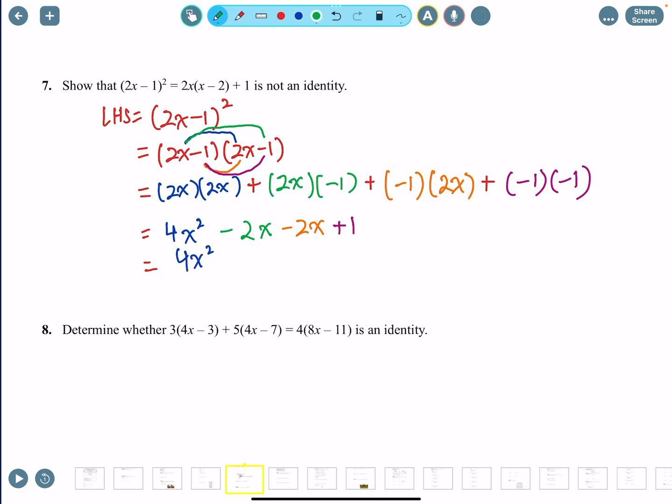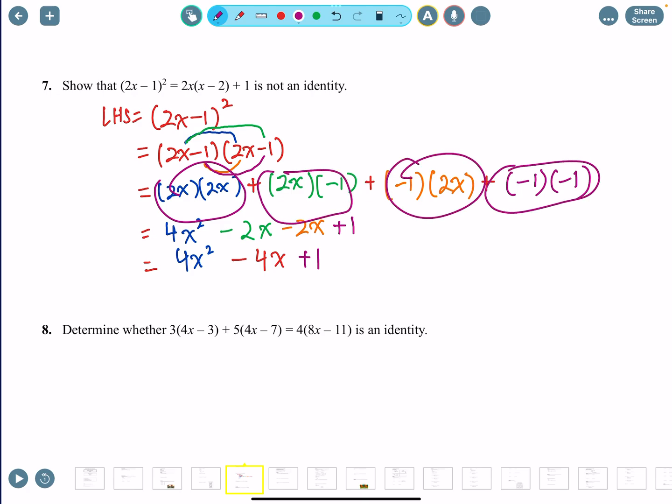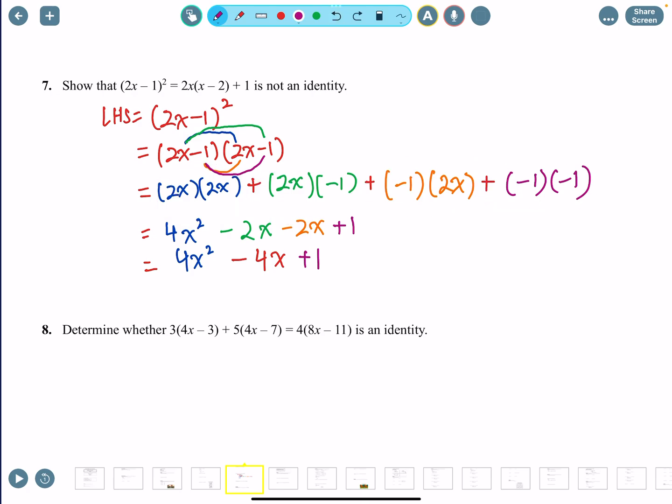Those two will change into negative 4x. Use your calculator: negative 2 minus 2 is negative 4. Then plus 1. You cannot combine these two because this one has a square while this doesn't. So for plus or minus, sometimes you cannot combine. But for times, all the times we're doing here can always be combined. That's my general rule, in case you're so confused.